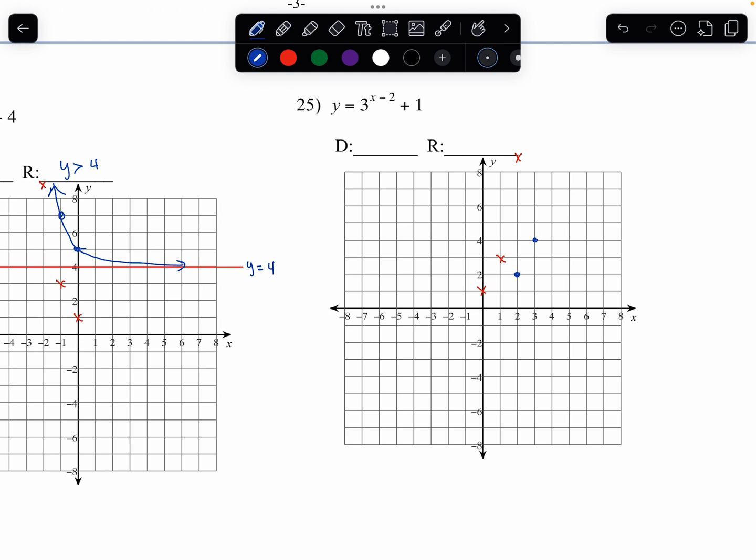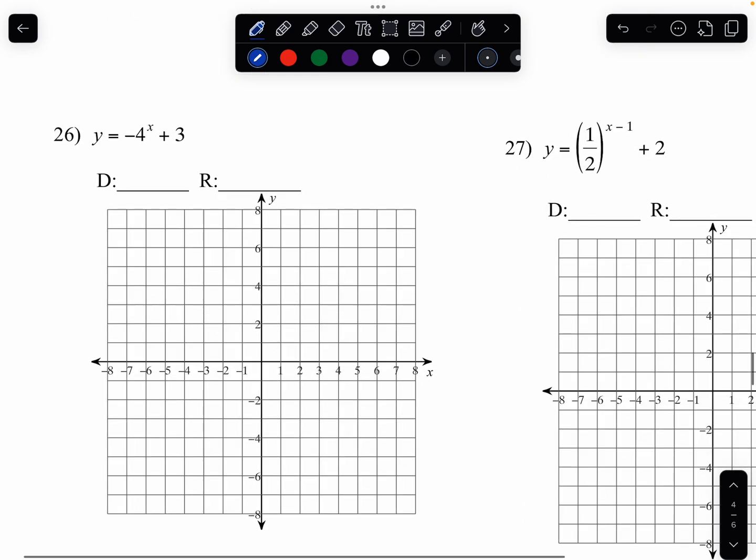And I think that's about all I can graph. And the asymptote is also going to be moved up 1. And so that would put that right here. So this is y is equal to 1. And then we can draw our points accordingly. Domain is going to be all real numbers, and range is y is greater than 1.